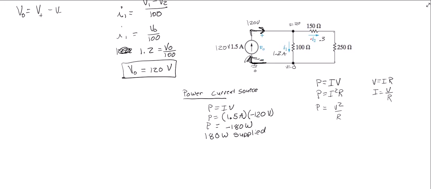Now let's look at our resistors. We'll start with our 150 ohm resistor.